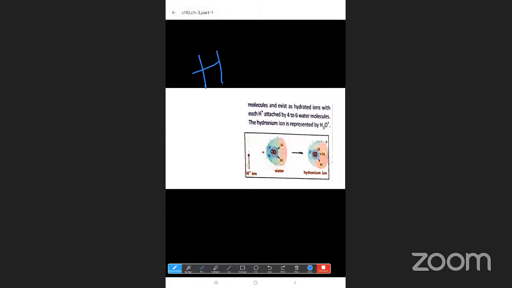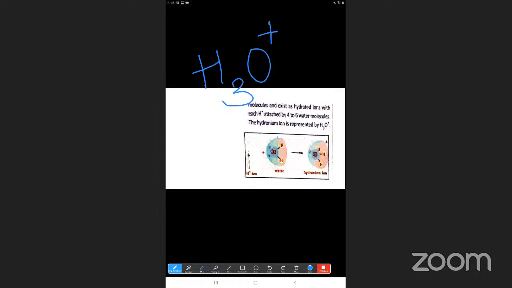The hydronium ion is represented by H3O plus. Hydronium ion means H3O plus. So this H plus is attached to 4 to 6 water molecules. Then it will form the hydronium ion. So H3O plus is known as hydronium ion.